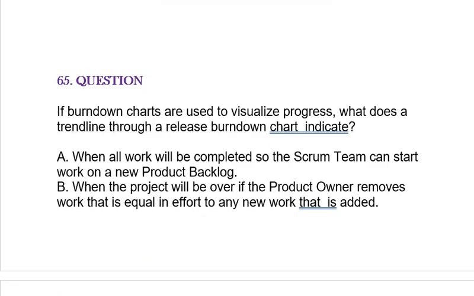Question is, if burn down charts are used to visualize progress, what does a trend line through a release burn down chart indicate? Option A, when all work will be completed so the Scrum team can start work on a new product backlog. Option B, when the project will be over if the product owner removes work that is equal in effort to any new work that is added.